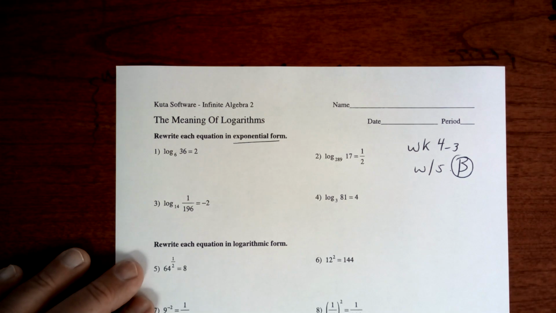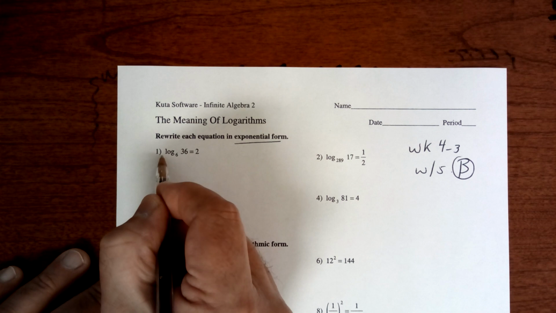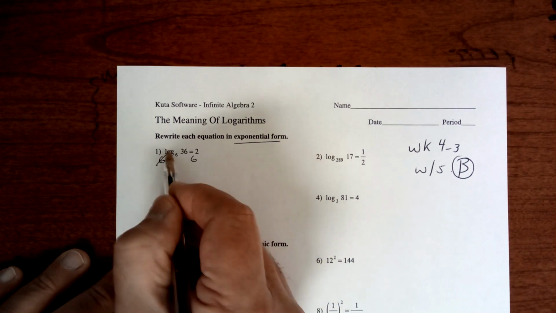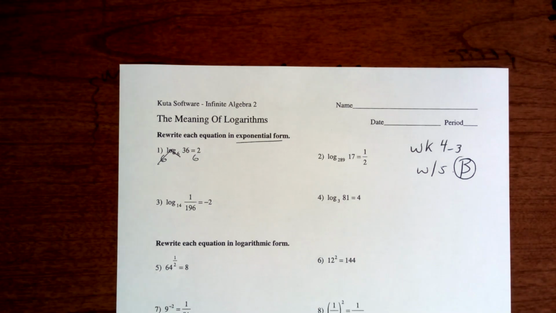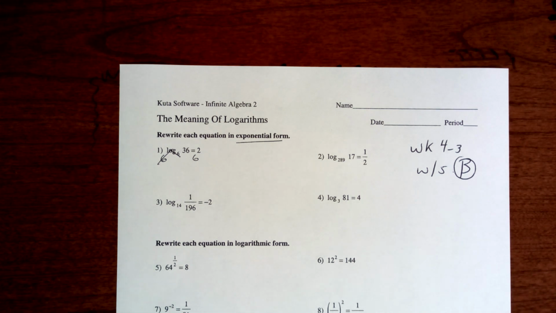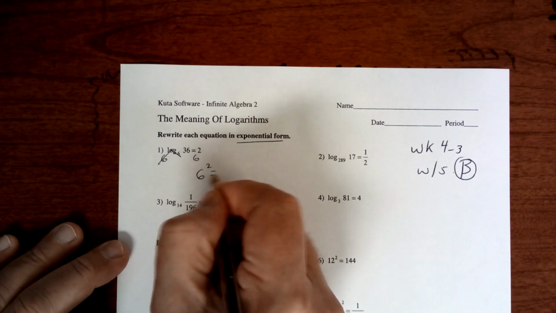Since the base is 6, you're going to raise it to the 6 power. This cancels. So 6 squared is equal to 36, and that is correct. So exponential form would be 6 squared is equal to 36.